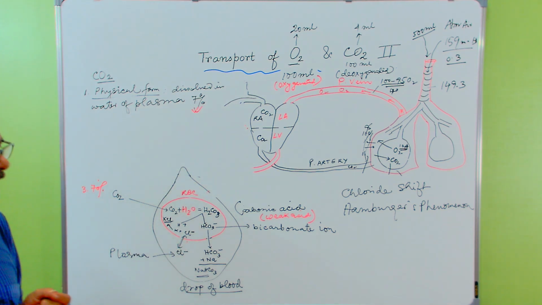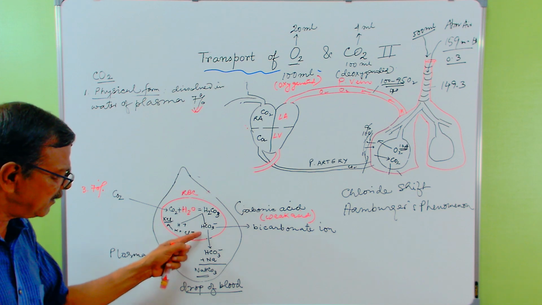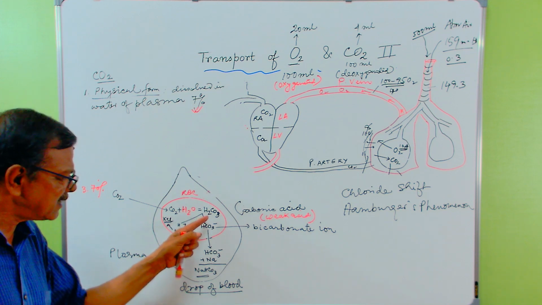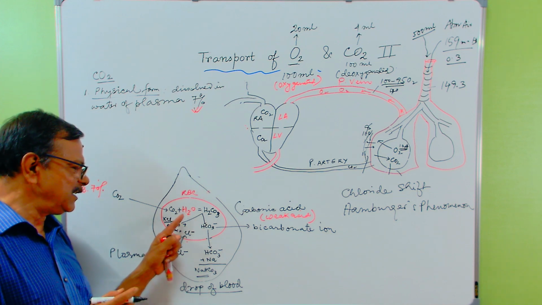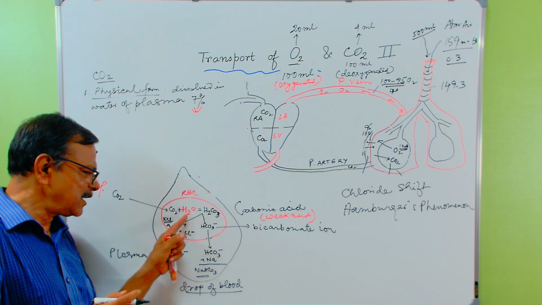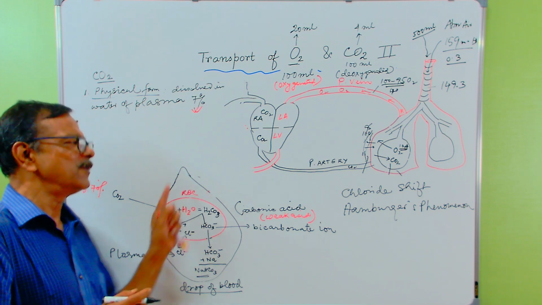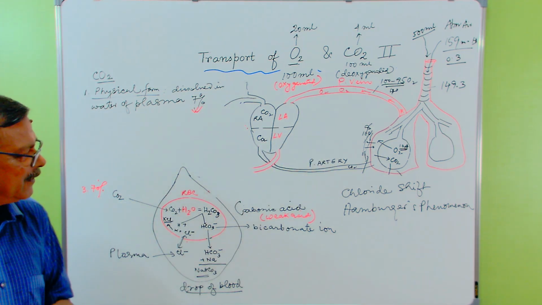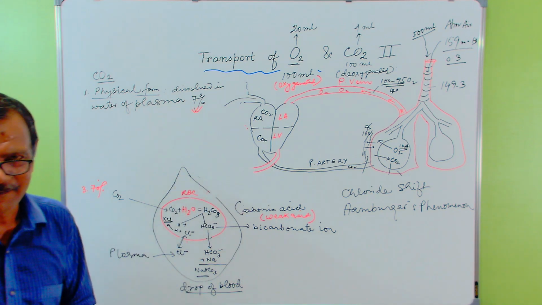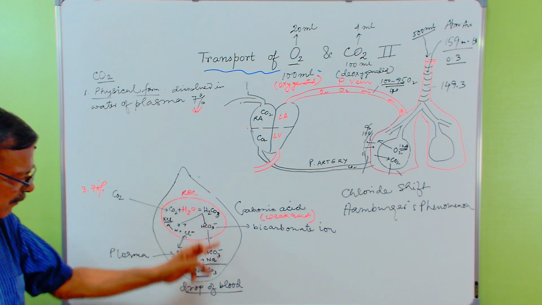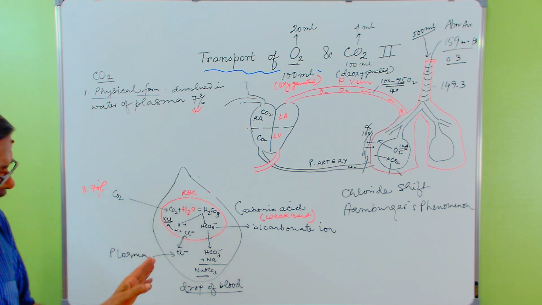Electrical neutrality is maintained, and whenever HCO3 goes in, this HCO3 again reacts with H2O and produces H2CO3 and CO2, and CO2 goes out. Clear? So CO2 goes out in the reverse direction. Now if you know this, the return is nothing.